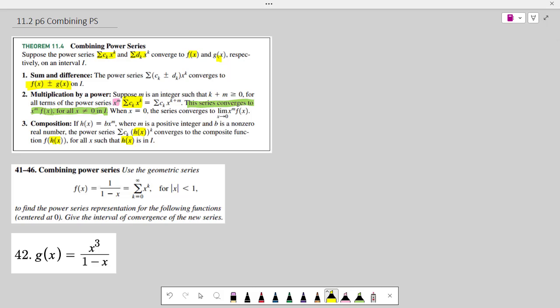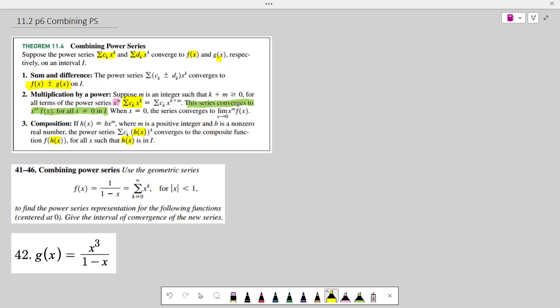Normally our power series converges when x is in the interval of convergence. If you replace the x with h of x, then for it to still converge, h of x has to be in the interval of convergence. The value or its convergence? Its value. So if the interval of convergence goes from -1 to 1, then h of x's values must be between -1 and 1 for convergence. We'll do an example.